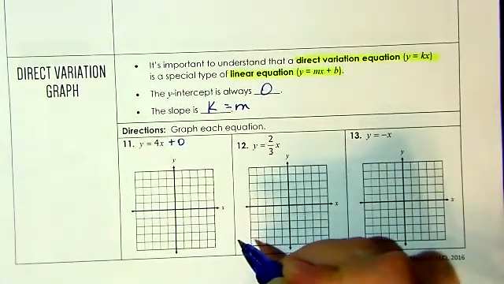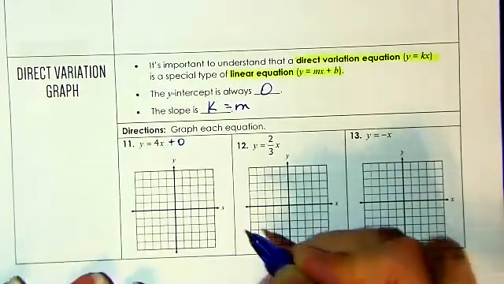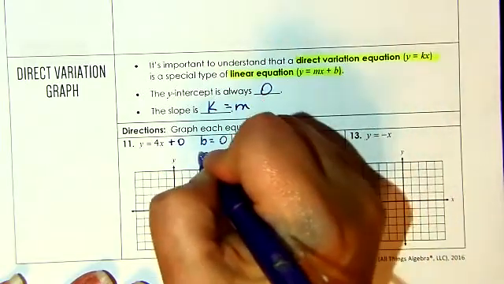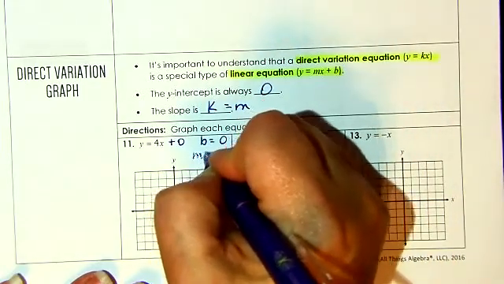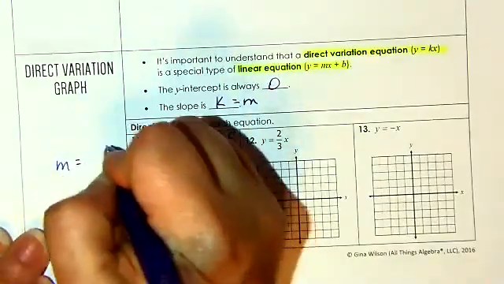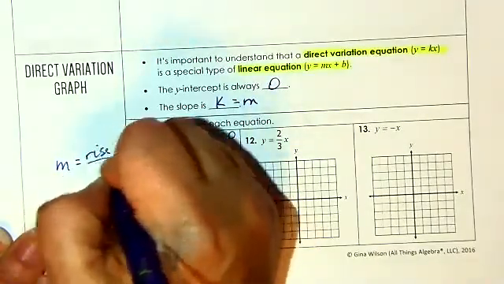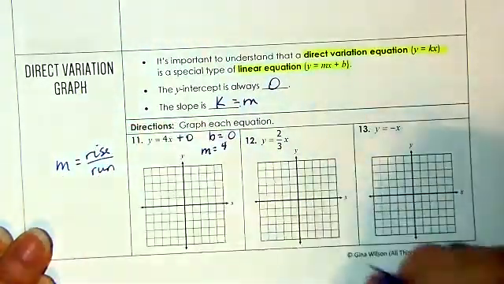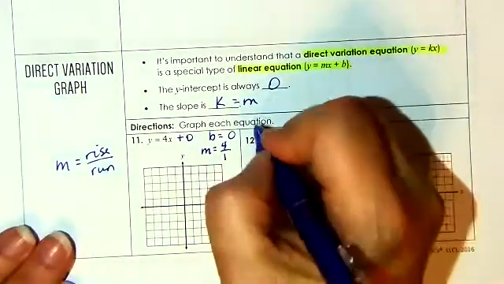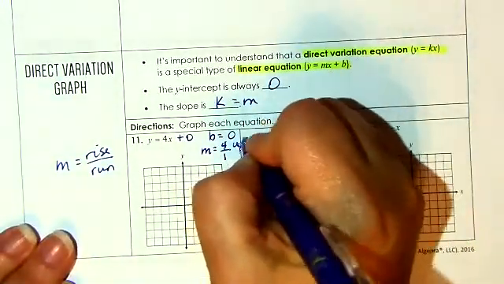So when I'm wanting to graph this, I can now pull out and say, okay, my beginning point that I start with is 0. My slope is 4. Remember, slope is rise over run. So I have to make a fraction. So this is going to be 4 over 1. So this is where I'm going to tell myself the positive. So this is going to be up 4.